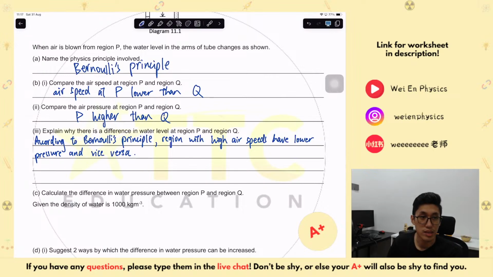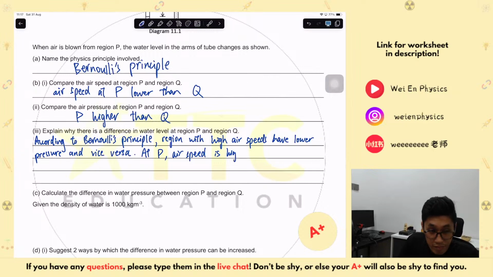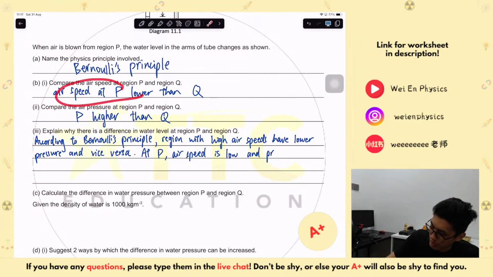What do we say? At P, airspeed is low and pressure is high.